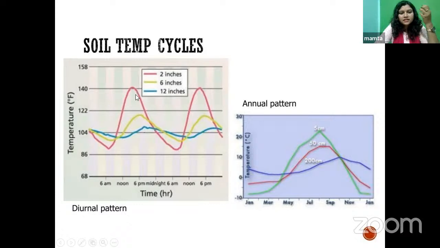At the surface soil, there is the maximum variation. It easily gets heat and it easily transfers heat to the environment. That is why it has the highest and the lowest soil temperature. While as we go deeper into the soil, these temperature variations are less.